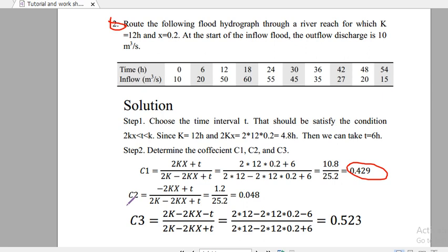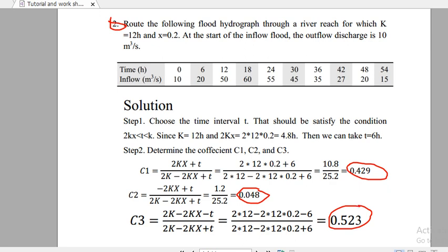Then the second one, C2, is negative kx plus T over 2k minus 2kx plus T. It is equal to this value, which is very simple. Then C3 is equal to k minus 2kx minus T over 2k minus 2kx plus T, which is 0.523.